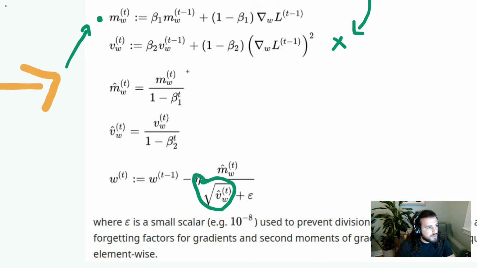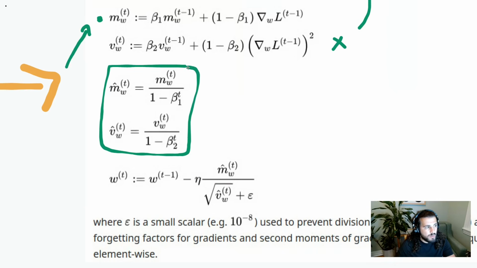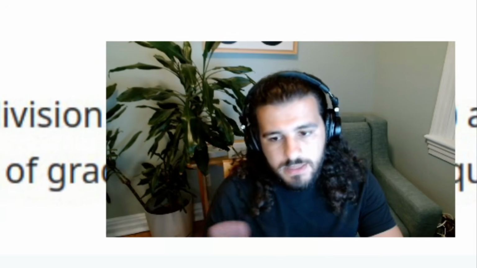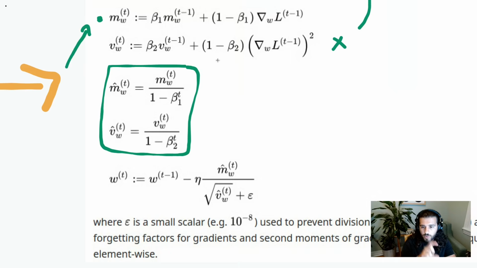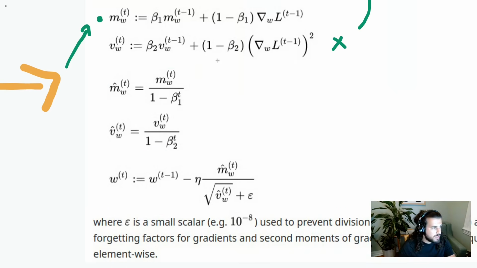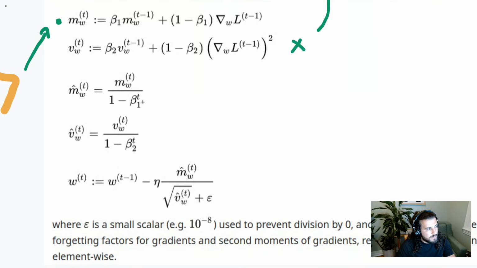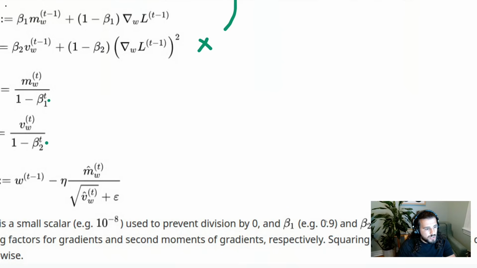Now you might be asking, why do we have this, and where does it come from? It's duct tape, to bias-correct the initialization because it starts at 0, and if it starts at 0, it becomes unstable. Basically what you have here is these two parameters, beta 1 and beta 2, which are usually under 1. They have to be under 1.